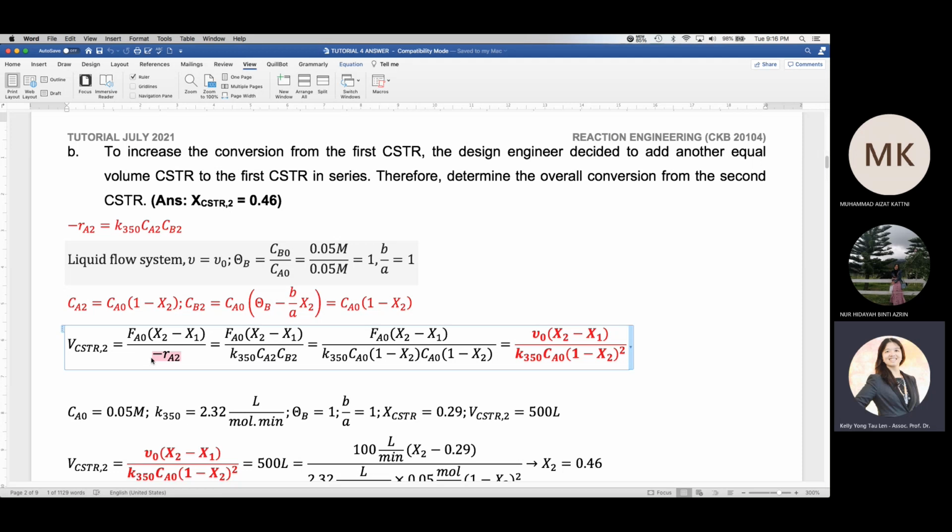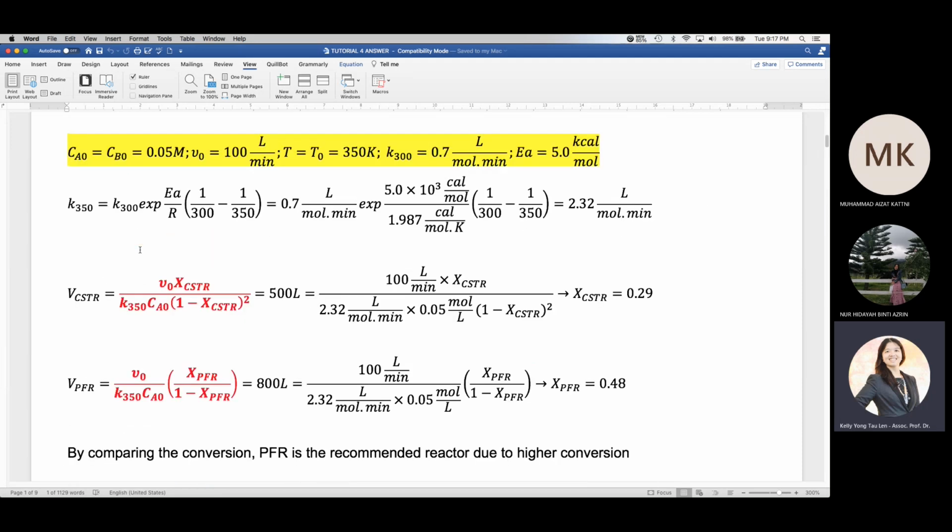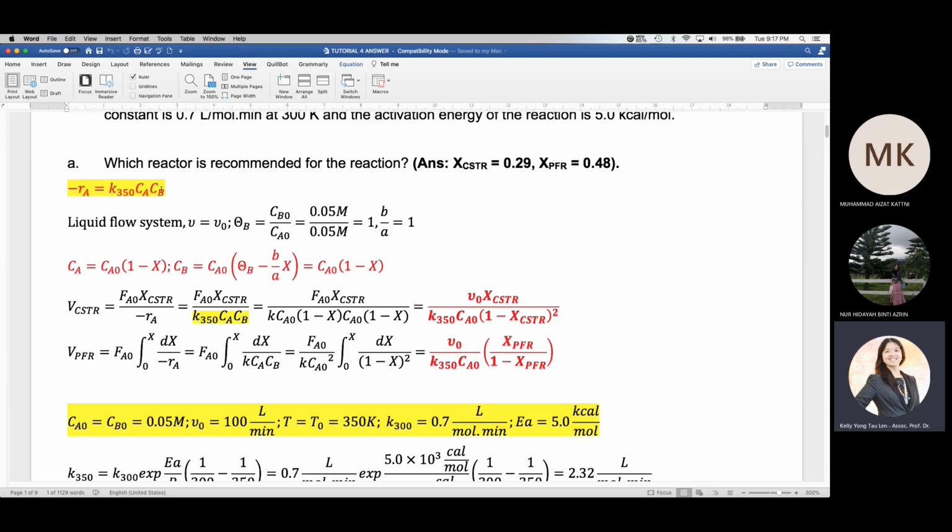So how do we find the minus RA2? Maksudnya sekarang kita kena fikir balik minus RA2 macam mana kita nak cari. Okay, so untuk mencari minus RA2, dia sebenarnya hampir berkait dengan yang reaktor pertama. Reaktor pertama tadi, kalau kamu ingat, kita dah terangkan dia punya rate law dia minus RA equals kCACB.